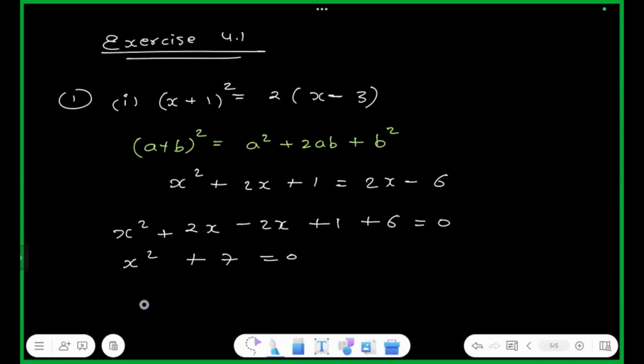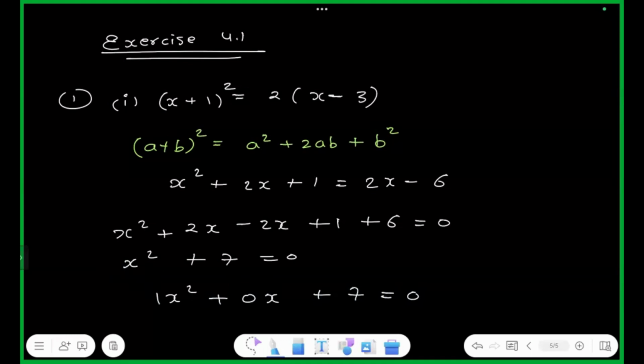So can I write this equation as 1x²? Here we have no coefficient with x², so it means 1 is the coefficient. 1x² + 0x + 7 = 0. And since it matches the standard form ax² + bx + c = 0, it is a quadratic equation.